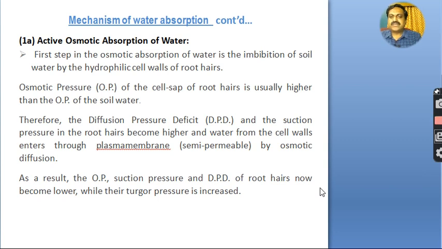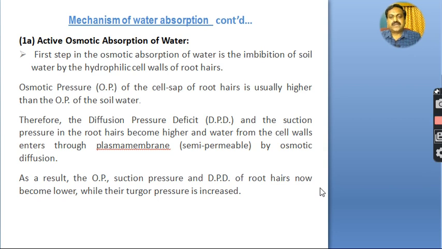The osmotic pressure of the cell sap of the root hairs is usually higher than the osmotic pressure of water around the root, that is soil water. Therefore, the diffusion pressure deficit and the suction pressure in the root hairs become higher, and water from the cell wall enters through plasma membranes, which act as semi-permeable membranes, by a process called osmotic diffusion.